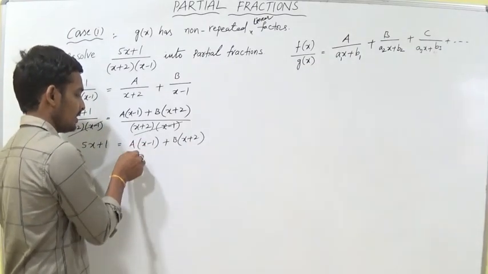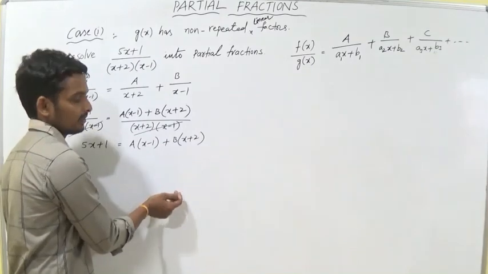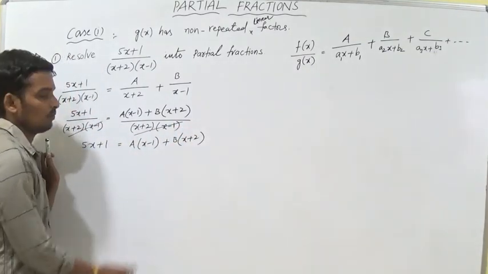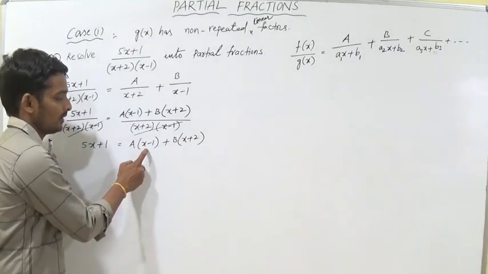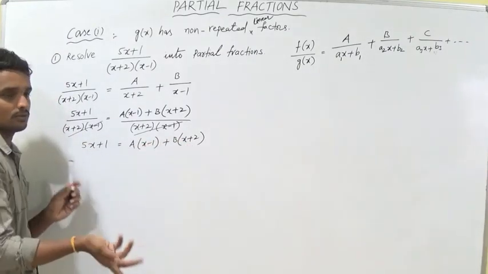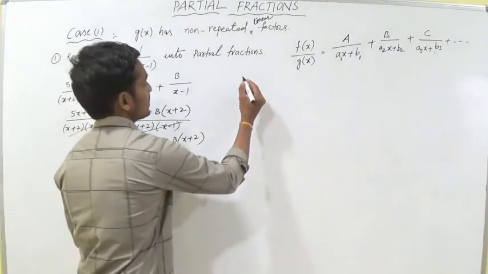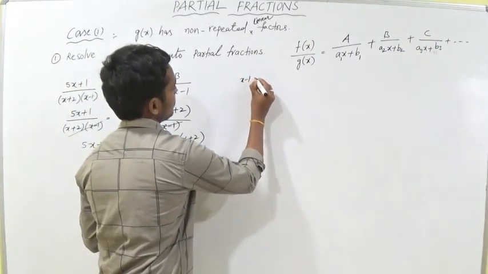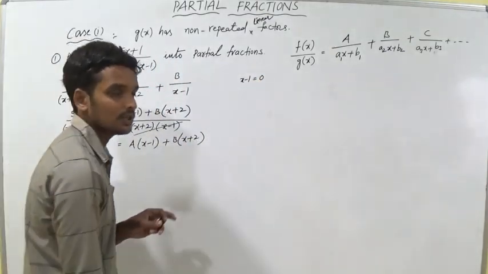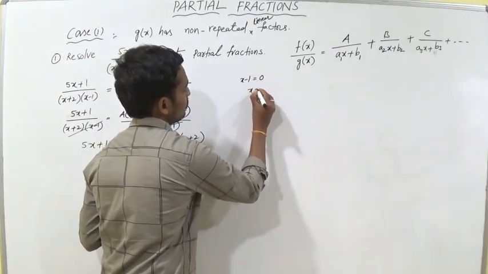That means if A is 0, we can find the value of B. For example, if B is 0, we can find the value of A. It is very easy. What are the factors we have? A has x-1, B has x+2. For example, if x-1 is a factor, we can set it equal to 0. x-1 is equal to 0, then x is equal to 1.